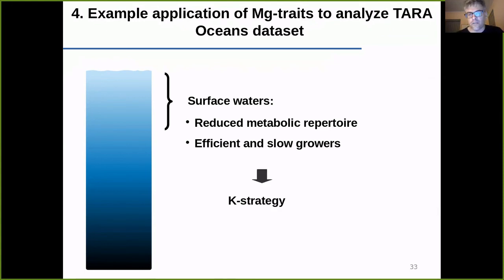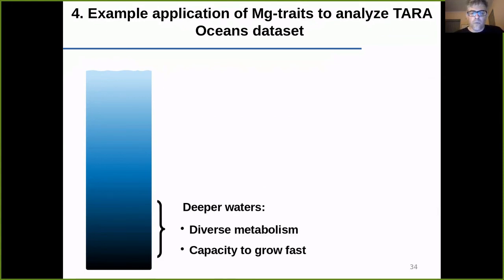This is known as K strategy in ecology. And in deeper waters, we have organisms that have more diverse metabolisms and have the capacity to grow faster whenever there is an input of nutrients. And this is known as the R strategy.